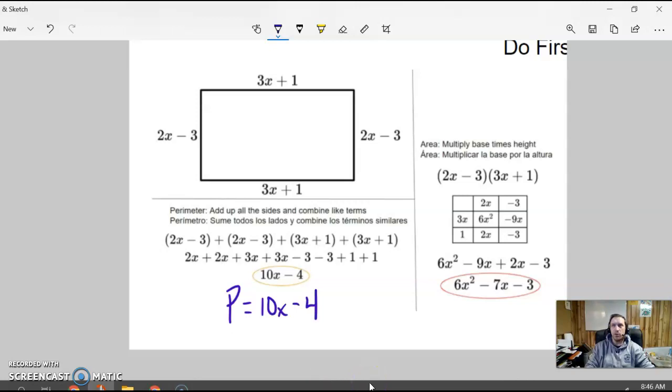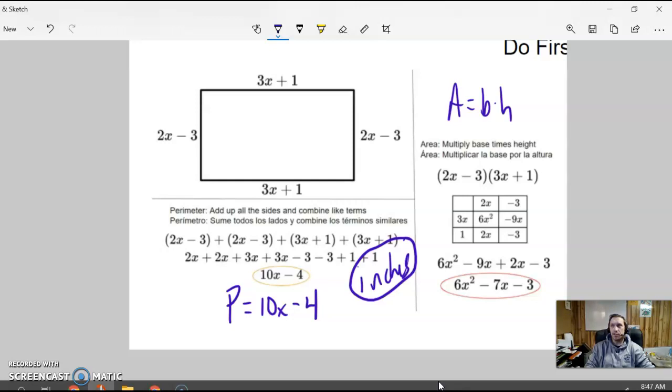And remember, our unit was in inches. Just so you remember, inches is how we're going to be finishing this. And then our area, we said area is base times height, and so we multiplied the 2x minus 3 times the 3x plus 1. I used the area model for this, a binomial times a binomial.